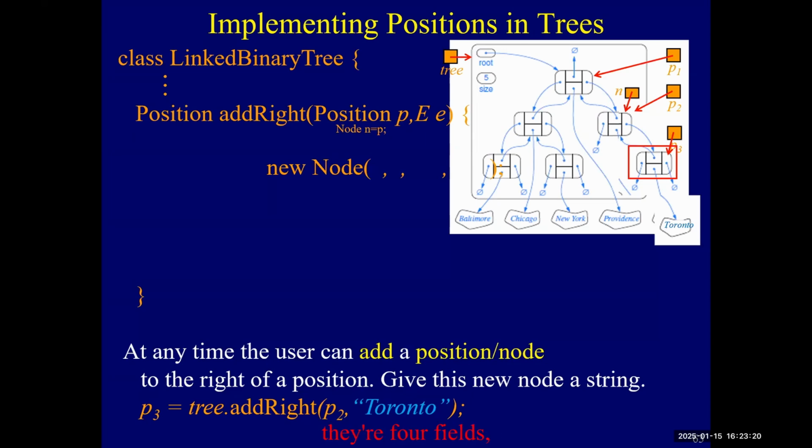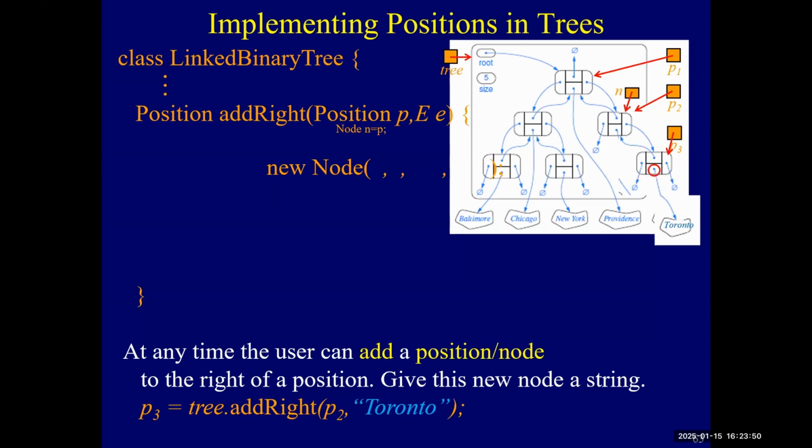Since there are 4 fields, we might as well have our constructor just put them all in. Who do we want our left to be? Null. Who do we want our right to be? Null. Who do we want our element to be? Toronto. Who do we want our parent to be? N. Everybody follow that?